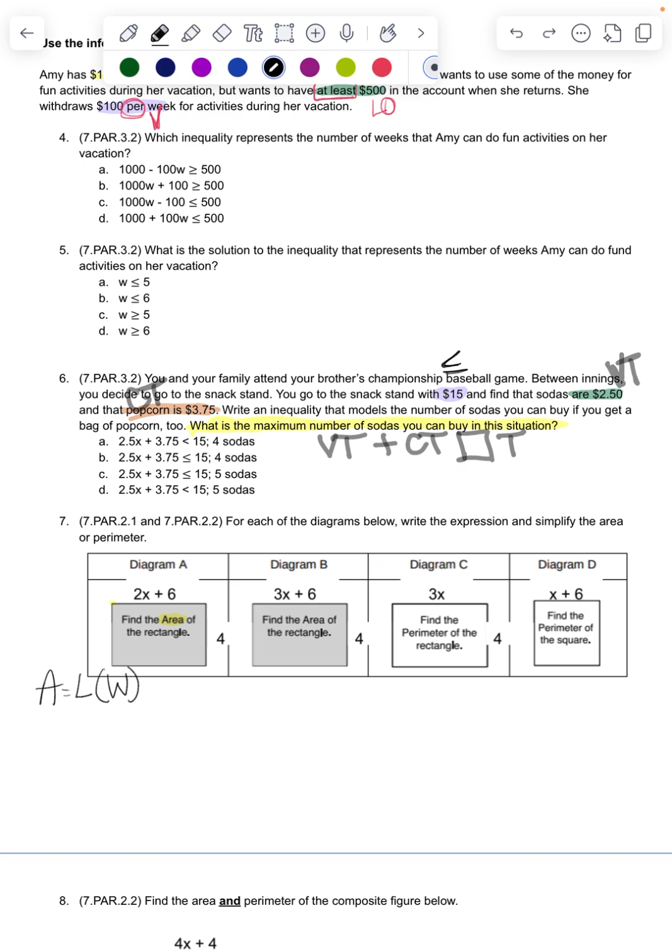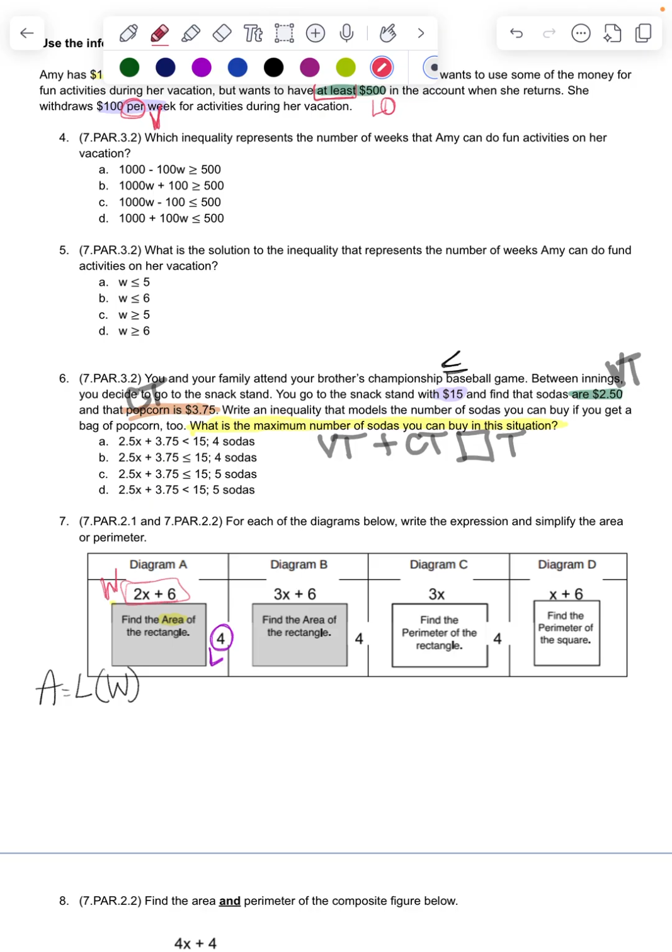So I'm going to let this 4 right here be my length, and this 2x plus 6 be my width, okay?